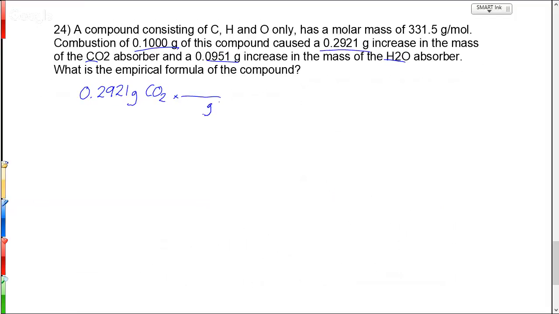So we're going to go from grams of CO2 to moles of CO2. So that is 44. I know that's not the right number of significant figures, but we should at least get close here.